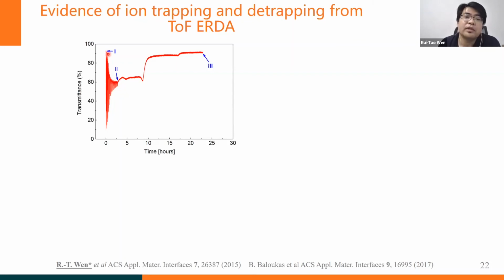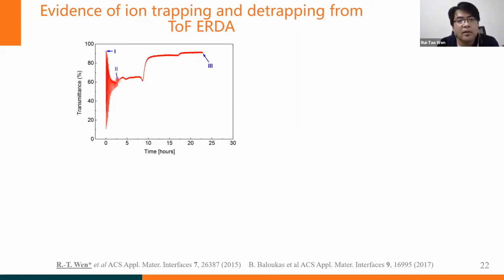So in principle, we didn't do any experiment yet. So at this state, like state 1, in principle, there is no lithium inside of the film, right? So when we cycle like 20 times to yield serious ion trapping phenomena, at this state, like state 2, there should be a lot of lithium ions inside of the film, right?